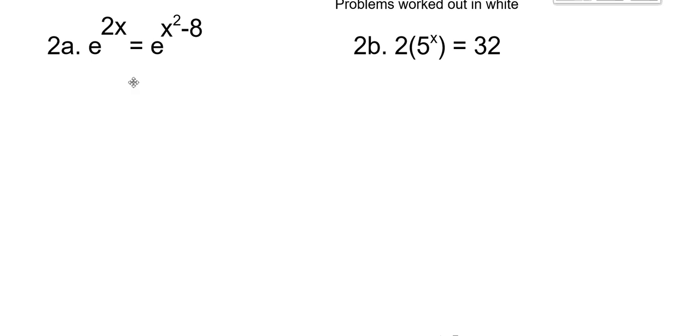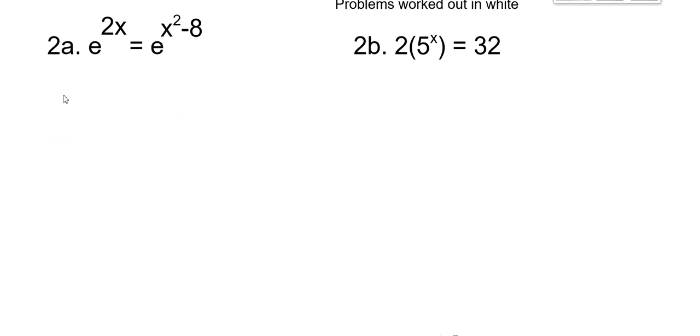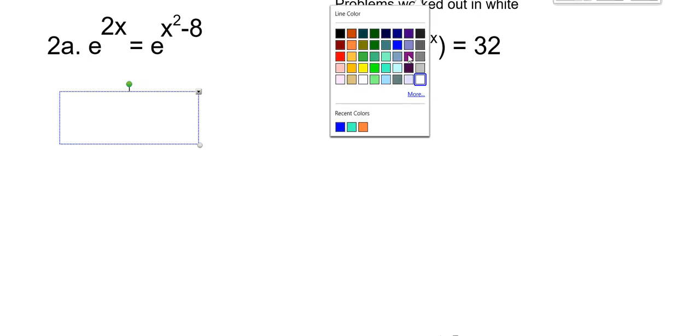So the bases are the same, so we can set the exponents equal to each other as we look at that. Sorry, I had forgotten how I did this, but now I remember.